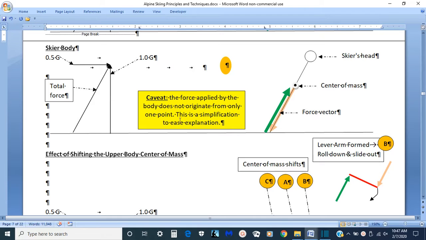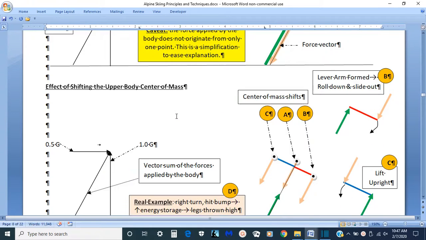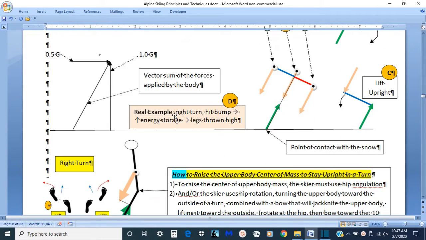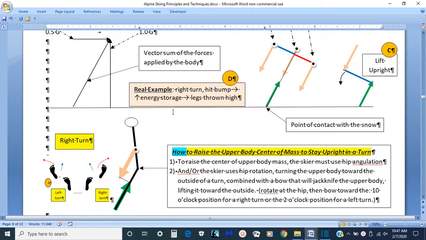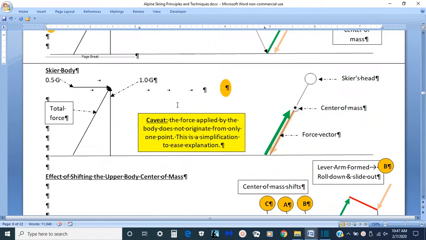Okay, so now I want to introduce the concept of shifting the center of mass. Okay, so here's a skier's body. Here's the center of mass. That's where the point of origin of the force is, and this is the force applied by the snow. And I have a caveat here.